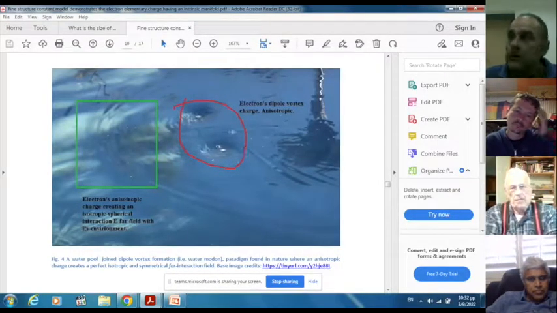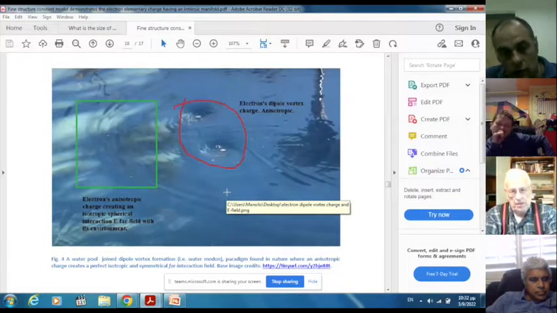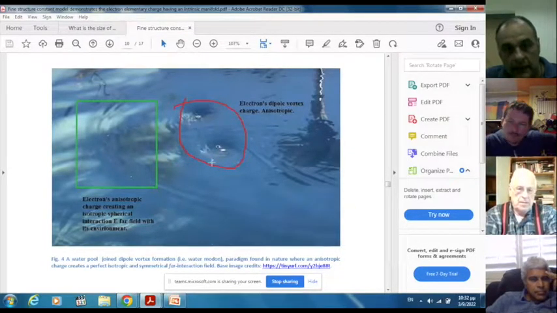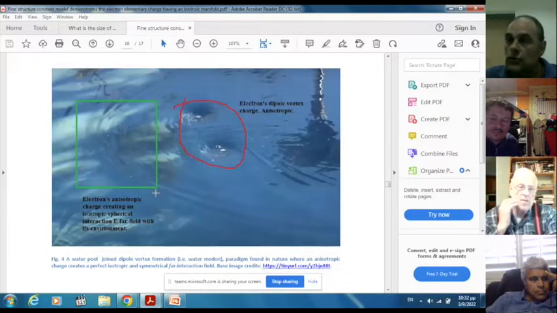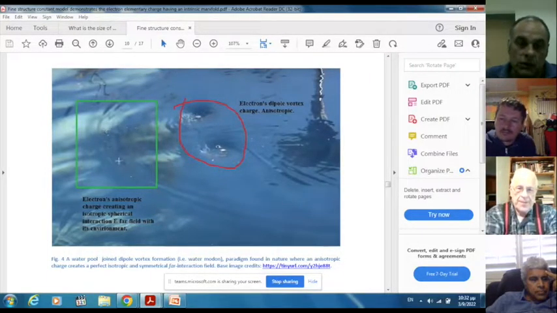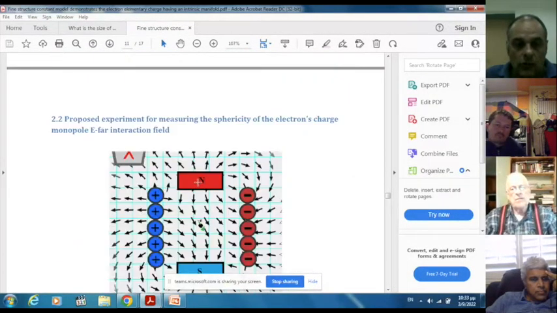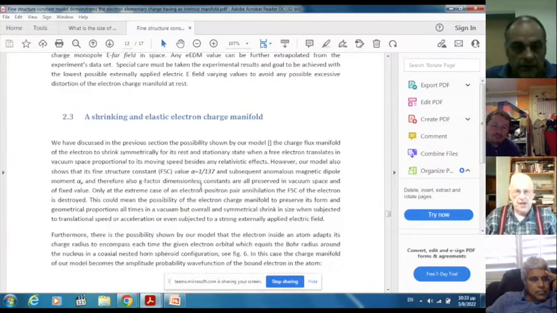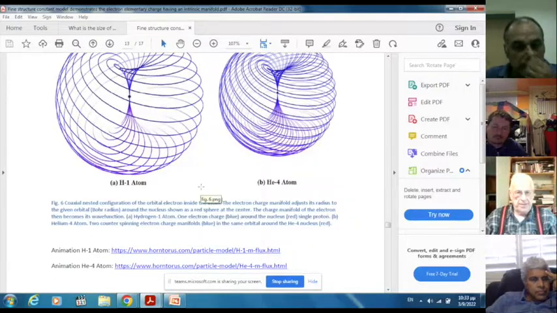And this is stable. It forms in water. Then when you look more closely, you have here an isotropic formation, which creates an isotropic distortion. So this is actually analogous to the E field created by the charge. It's an analogy. What is the problem here?